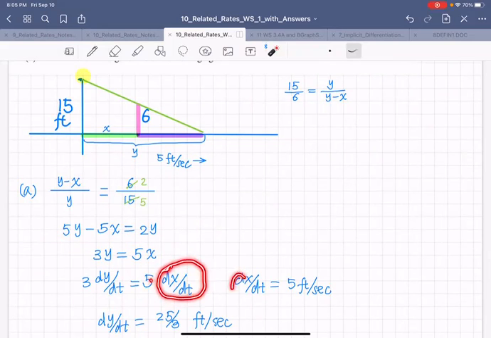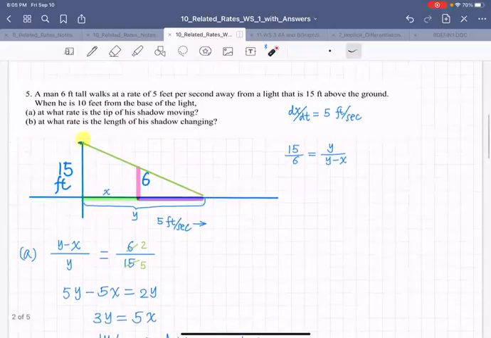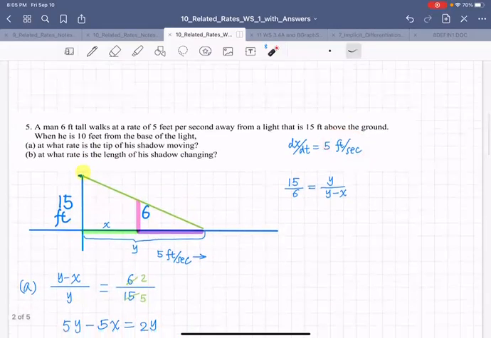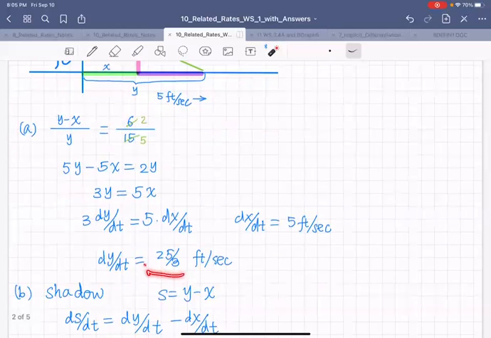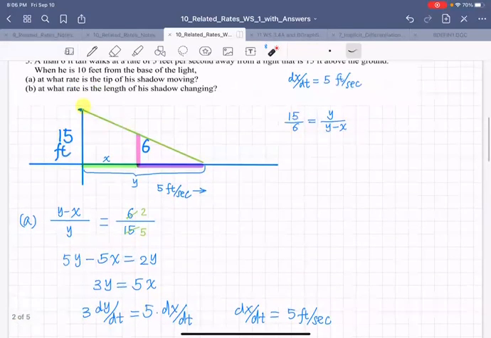Given dx over dt is 5, dy over dt will be 5 times 5, which is 25, divided by 3. Does this make sense now? Yes. Next.